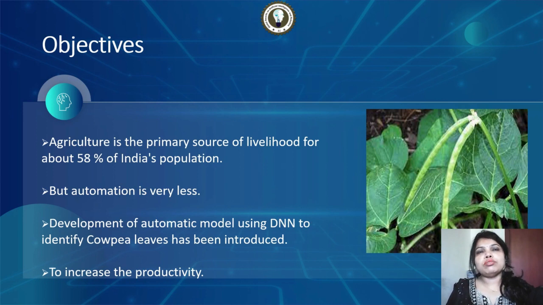So development of automatic neural network based models has been introduced in this work. Identifying cowpea leaves has been introduced because this work is basically to differentiate wheat plants from cowpea plants.